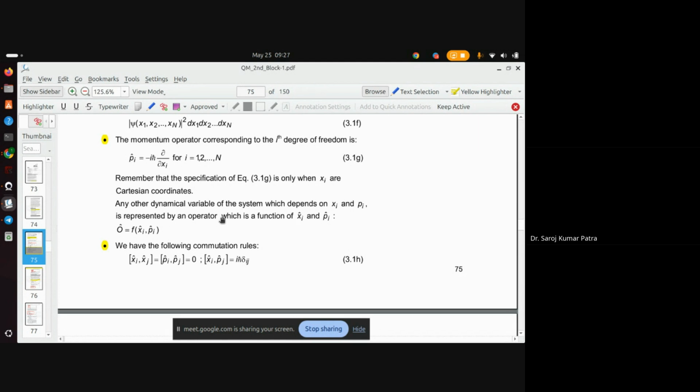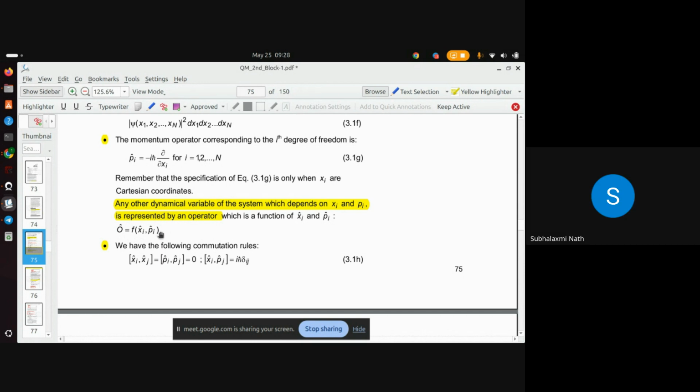So any dynamical variable of the system which depends on x_i and p_i is represented by an operator. This is very much from quantum one: any dynamical variable or observable of the system can be expressed in terms of an operator, and that operator O cap is nothing but a function of x_i and p_i.